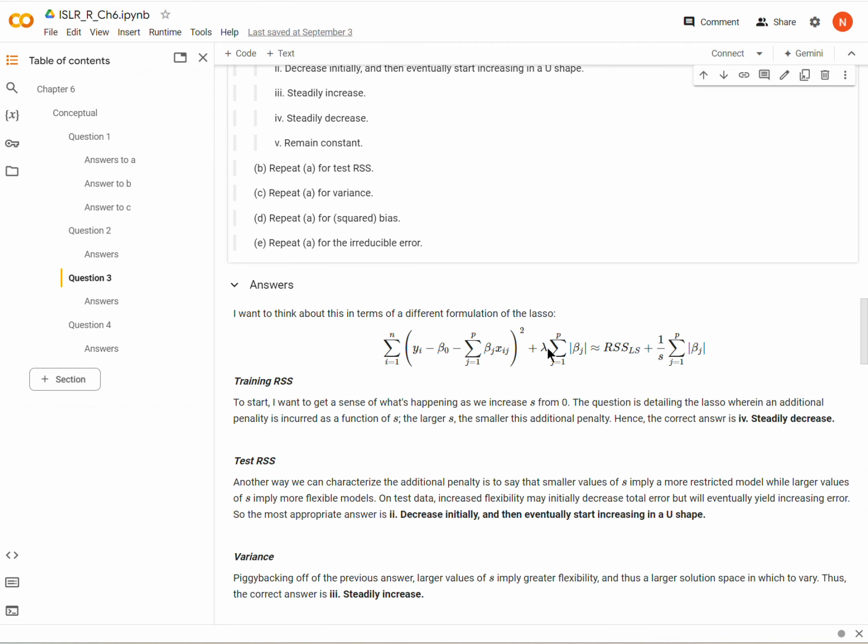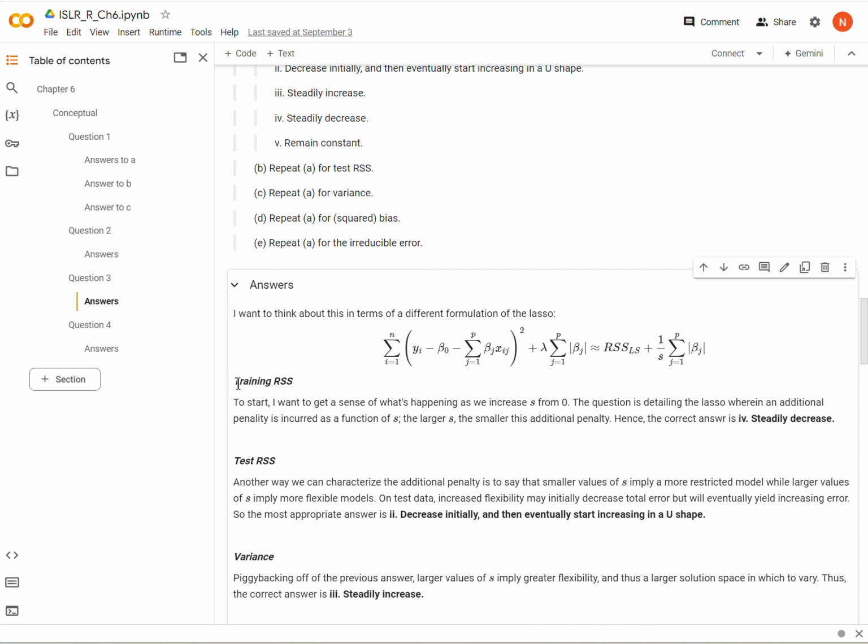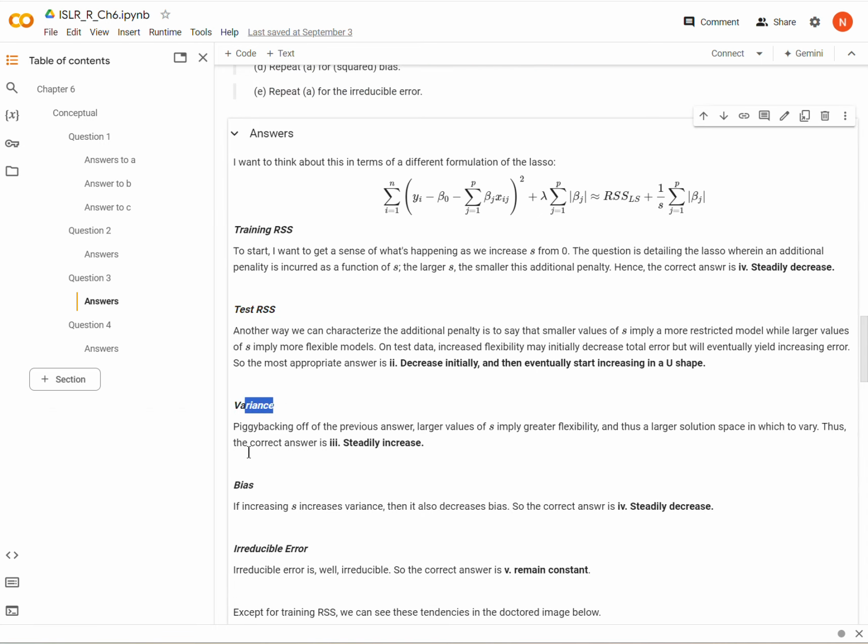So lambda is roughly equal to 1 over s. I don't even like saying roughly equal because it's a little misleading, but it's acting like 1 over s. Then we went through what happens as s varies from 0 to infinity to the training residual sum of squares, the test RSS, the variance, bias, and irreducible error.